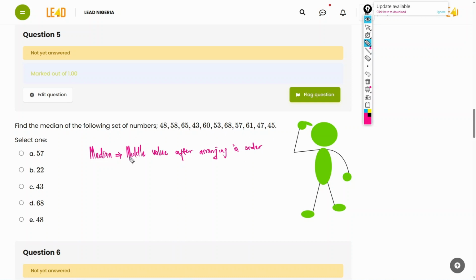All right, so let's arrange in order first. I'm going to start with the smallest number, which is 43, followed by 45, followed by 47 and 48, followed by 53, then 57 and 58, then followed by 61.